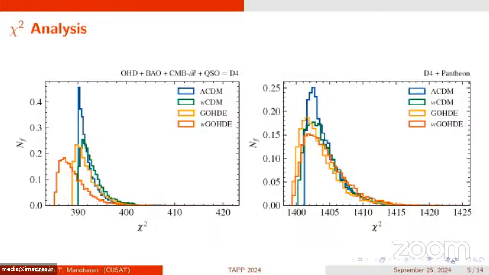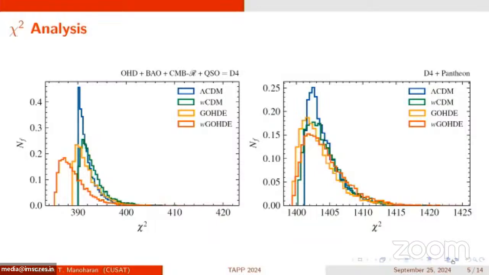And we can see which model is performing better. That is at least a quick check to understand whether the model is consistent or not. And we can see that almost all the models are pretty close, although the wGO-HD model, which is our model, is slightly favored.